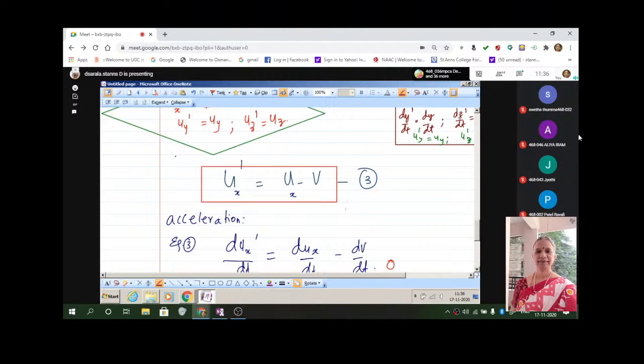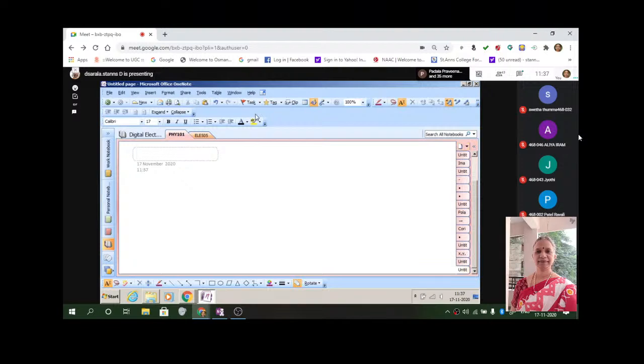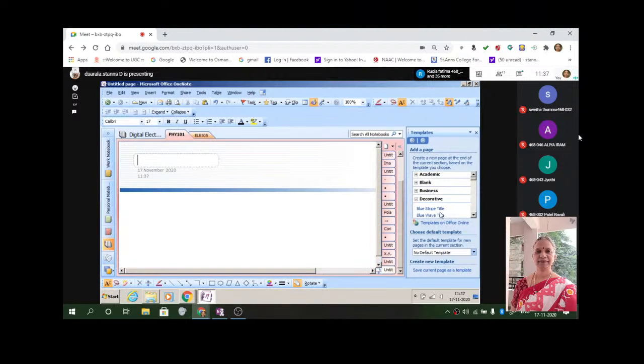Okay, so far so good about these transformation equations that we are talking about. Now let us see something more than this. I don't know whether it is clear enough for you to see.